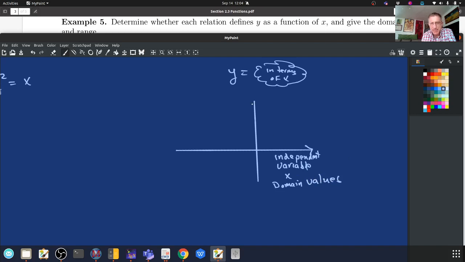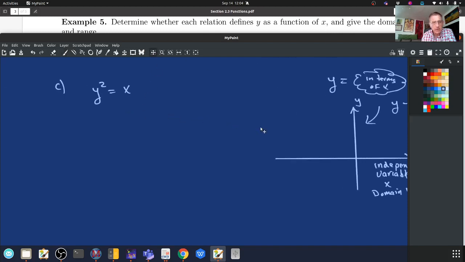So that's independent. The dependent values are y. Y values are dependent because they depend upon the x value.